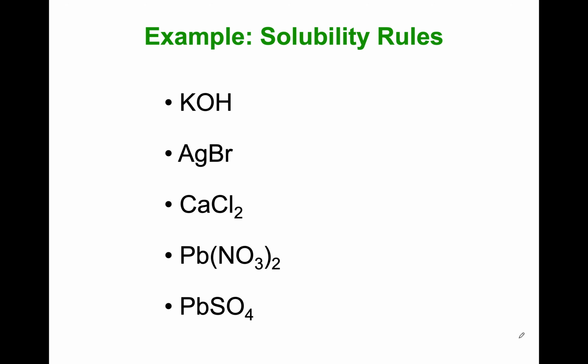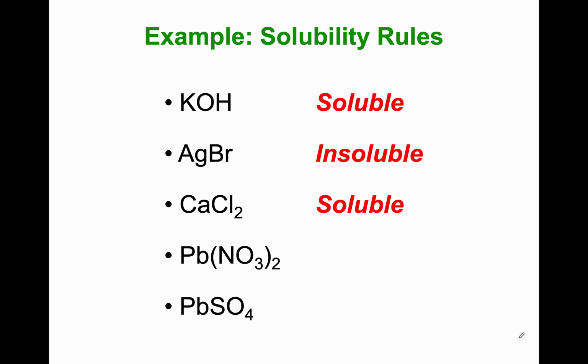All right, so hydroxides are insoluble. However, first rule, potassiums are soluble. Silver bromide: bromides are supposed to be soluble, but the rule before that says silver is insoluble with them, so silver bromide is insoluble. Calcium chloride is soluble.